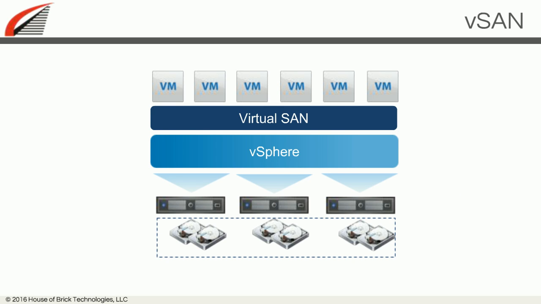So then the third component, from a technical perspective, is vSAN. vSAN is a licensed standalone product, so there would be an incremental cost outside of what you're paying for your vSphere and your vCenter Server environment.